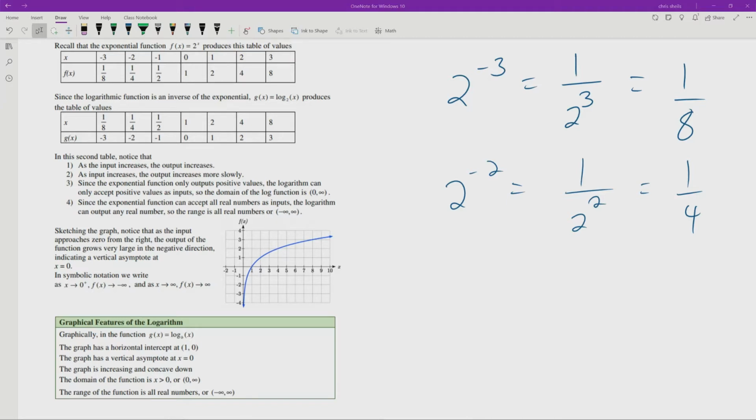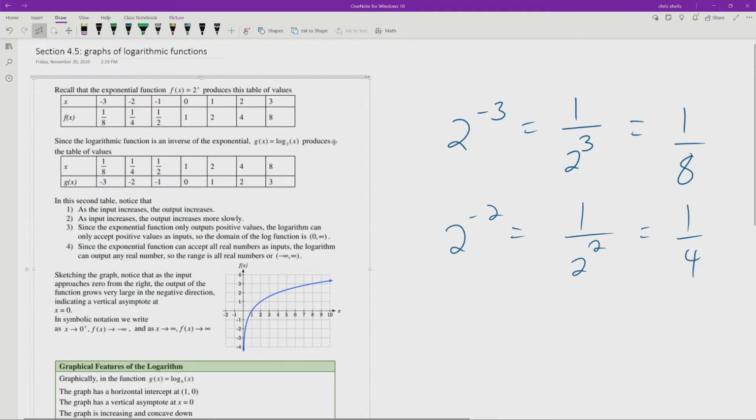Because the logarithmic function is an inverse of the exponential function, if I say that g of x is log base 2 of x, then that's the inverse of f of x, which is 2 to the x power.